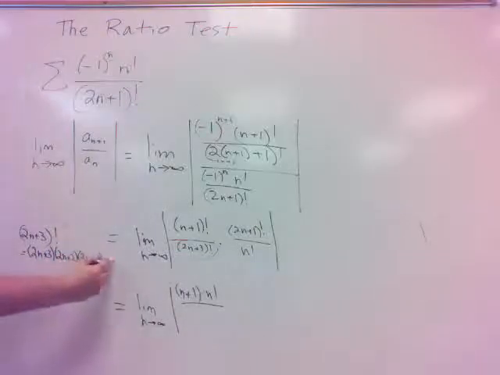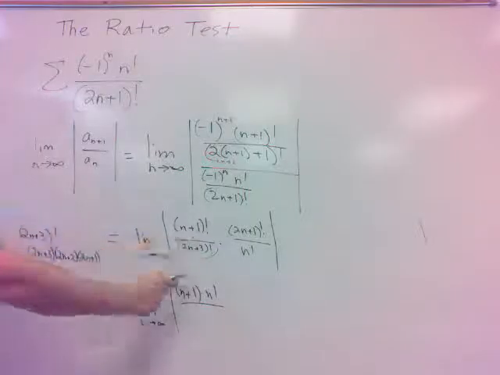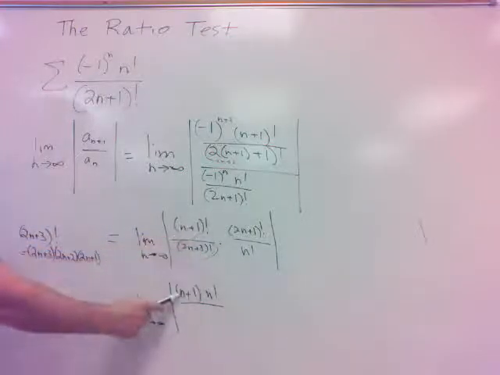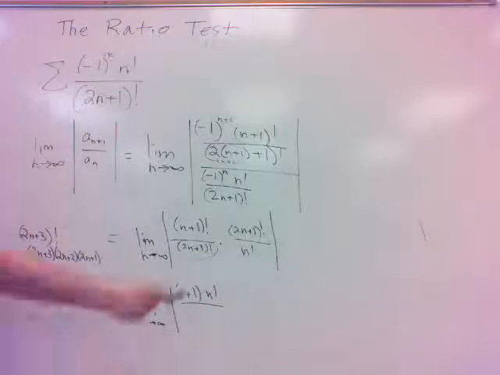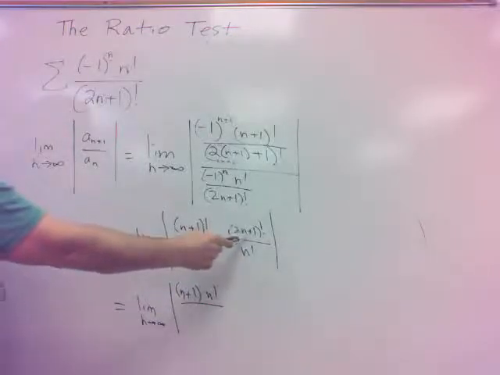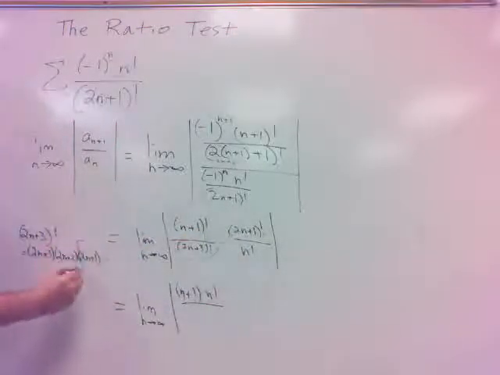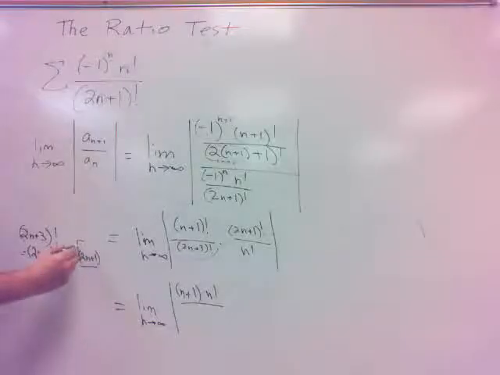Well, here's the thing. The reason we did n plus 1 factorial is so we could cancel the n factorial. Well, on the top here, I've got (2n plus 1) factorial, so isn't it (2n plus 1) factorial from here on out?